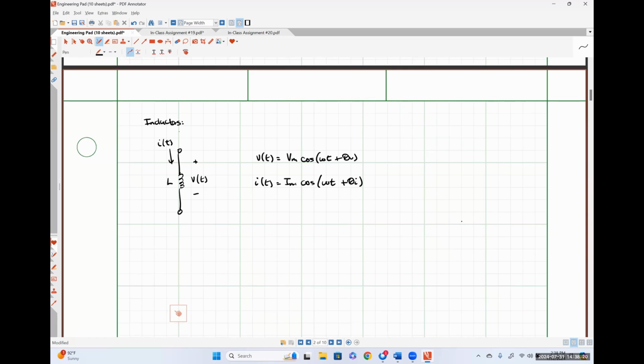What is the relationship between voltage and current for an inductor? And I would prefer the derivative-based relationship, please.